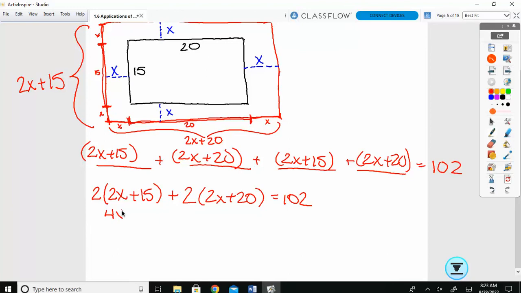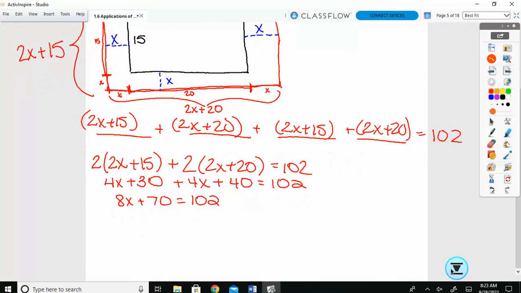So if we distribute, add like terms. Subtract over the 70. Divide by 8. And get 4.